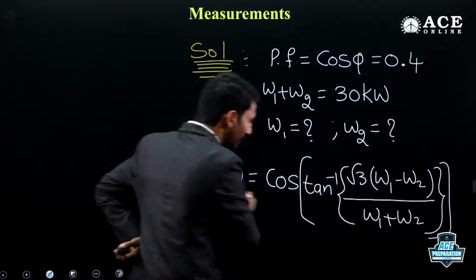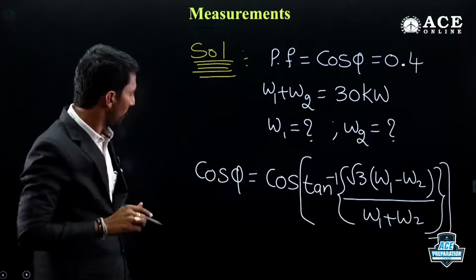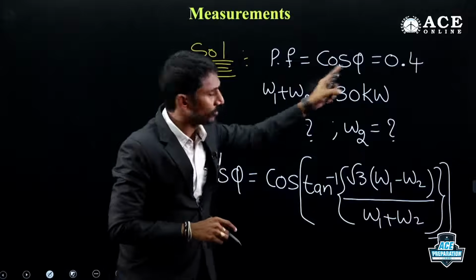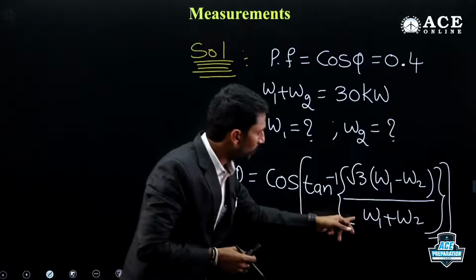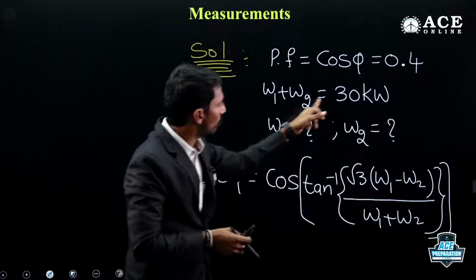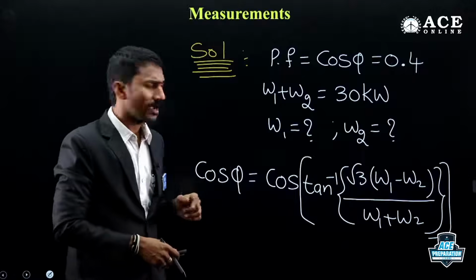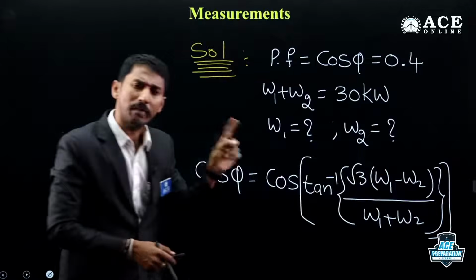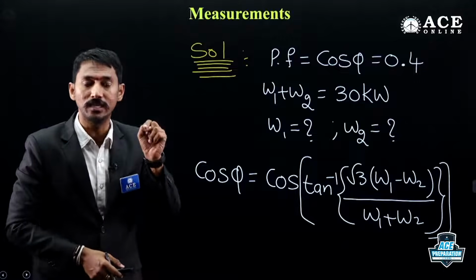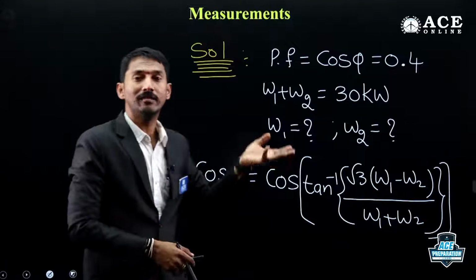Sir, in this entire formula, if you observe keenly, power factor is given, 0.4. You can substitute here. W1 plus W2 is also given, total power 30 kilowatt. Can you get W1 minus W2? That is the logic. People are getting confused without starting.